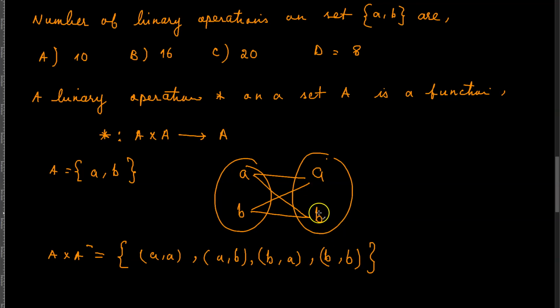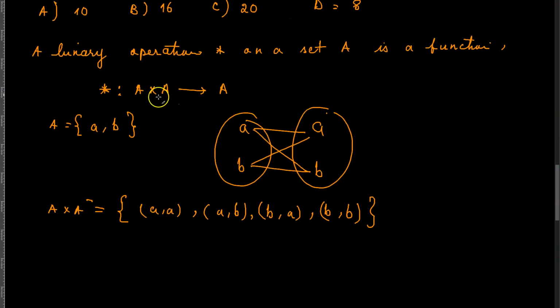And of course, we know that the binary operation star is a function from this set, the Cartesian product of A and A, to A, which is the set a, b.